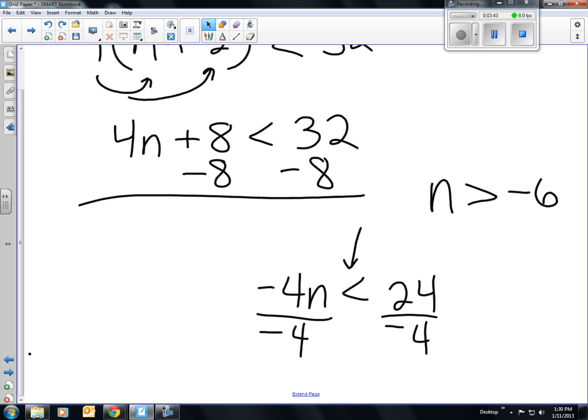So again, anytime you multiply or divide both sides of the inequality by a negative number, you have to flip the inequality sign. And that concludes our review of solving and graphing inequalities.